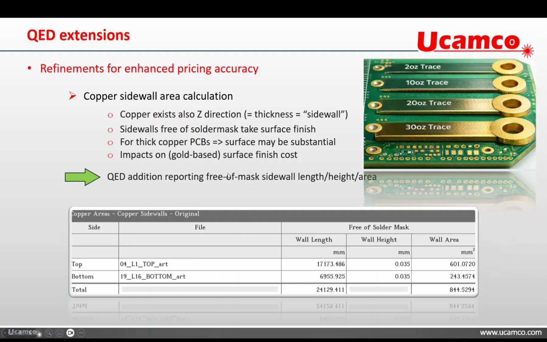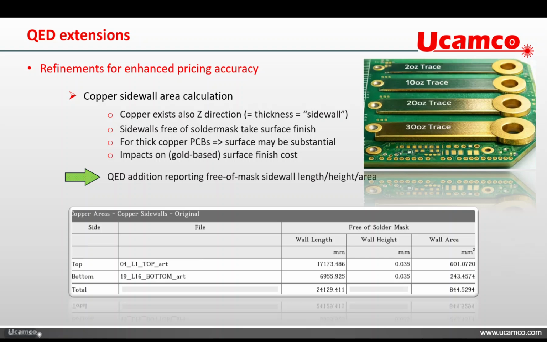One of them is a copper sidewall area calculation. Copper surfaces free of solder mask exist, of course, in an XY space, the flat thing. But of course, also the copper that stands up from the prepreg or from the laminate, if it's free of solder mask, that's also an area that is going to take surface finish.